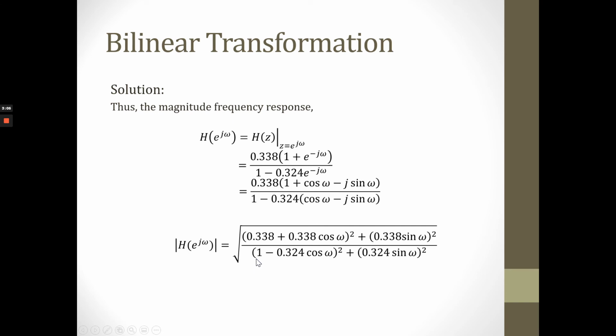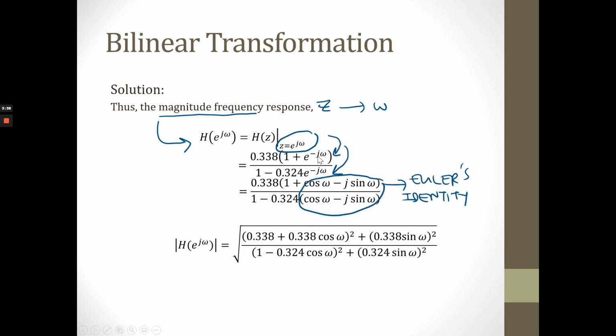Therefore, we have the magnitude of the frequency response where we convert from Z domain to frequency domain omega. So we use this equation where we replace Z with exponent j omega. So from the previous frequency response in Z domain in the previous slide, we substitute Z with exponent j omega into this equation.